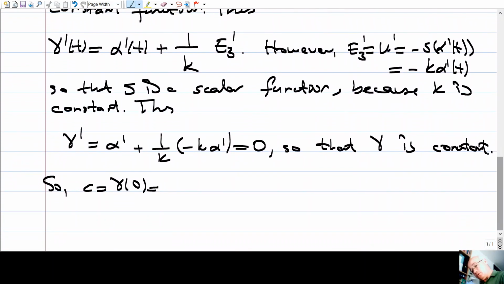So you get this, but since gamma is constant, this is equal to this gadget, and this is just this.